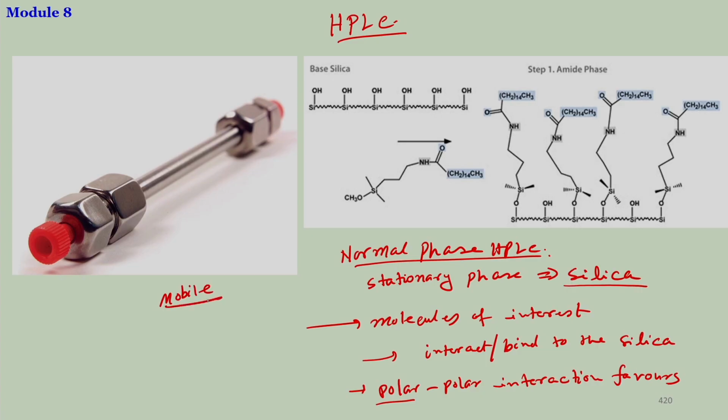Mobile phase is basically a solvent whose job is to break the interactions. If you want to break a polar-polar interaction, what do you need? You need a very strong polar solvent, such as water. So in this case you need polar solvent.